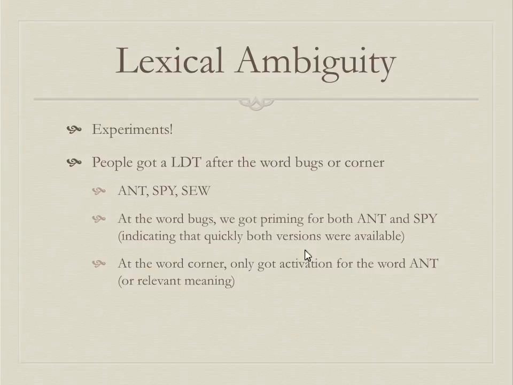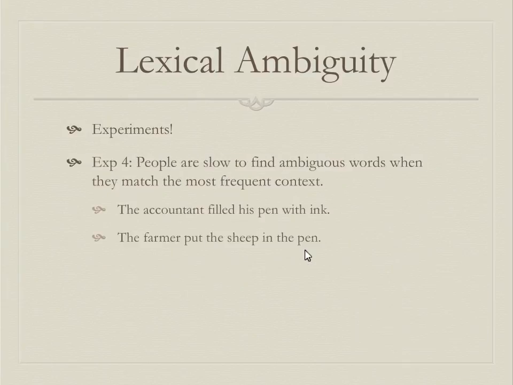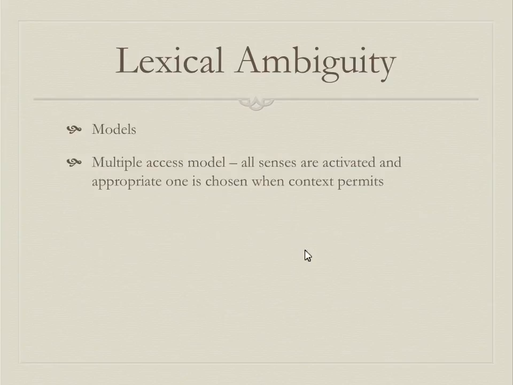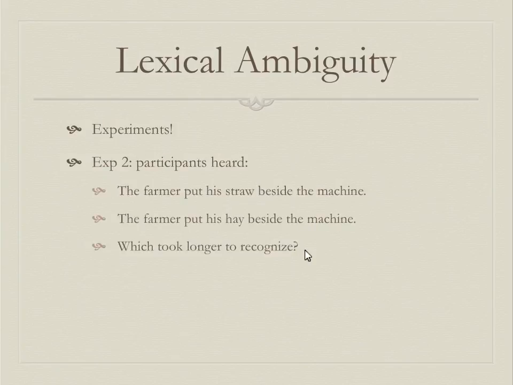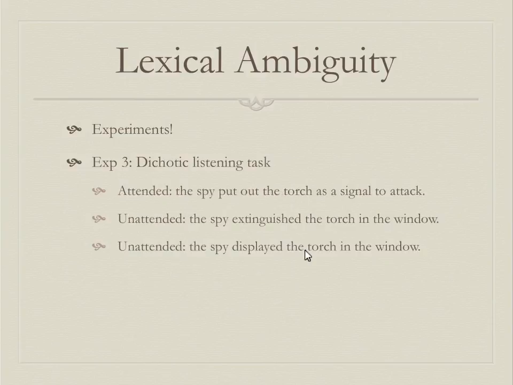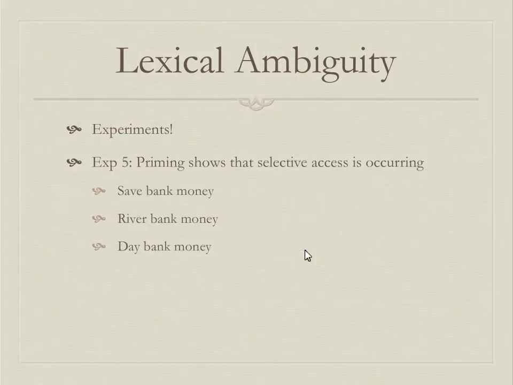And so multiple meanings appear to get activated quickly, but that controlled context process eliminates the rest of them quickly. So the reason we might not see multiple meanings being accessed in some of these other experiments is simply because they've gone away, the access has gone away so fast that we missed it.